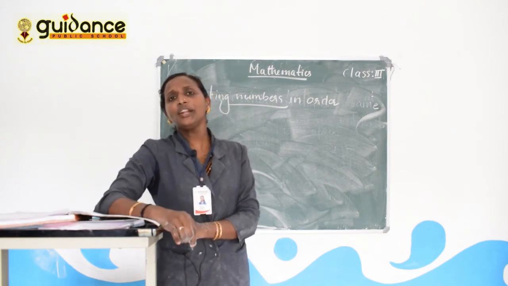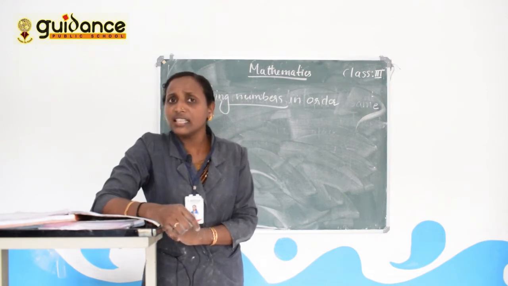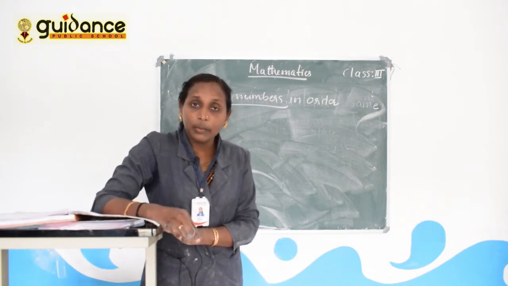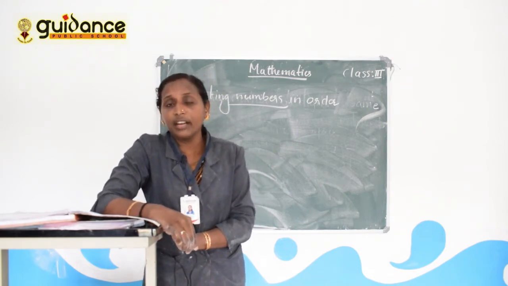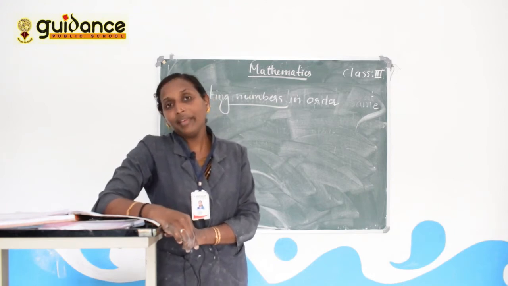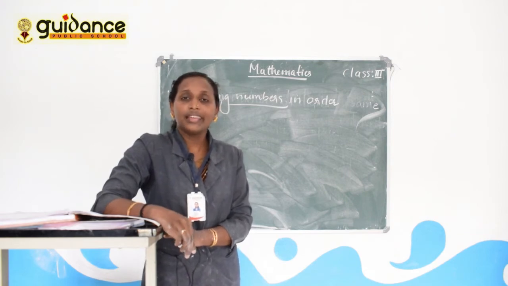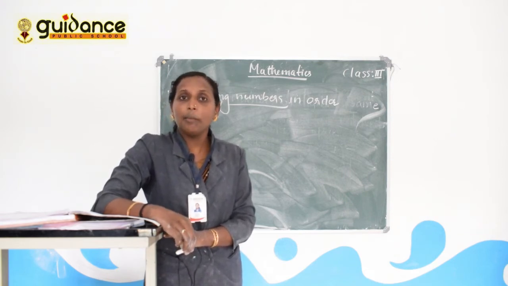Ascending order and descending order you have studied in the previous classes. So what is ascending order? Ascending order means the numbers are written from smallest to biggest, and descending order means the numbers are written from biggest to smallest.